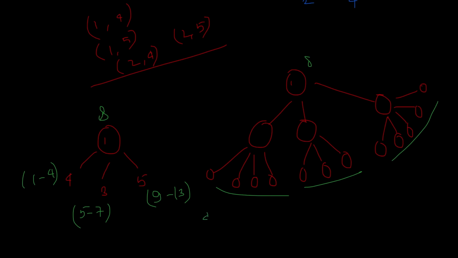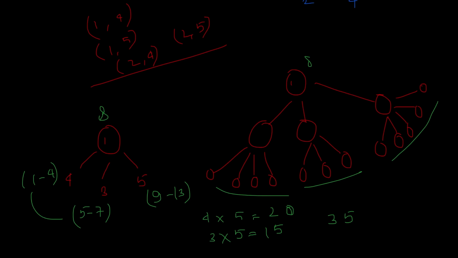Again 4 into 5, 20. Then 3 into 5, that is 15. Do we get any more? No, because I can't club these two, since 8 is larger than even 5 to 7. So we get 35. So now this is a better option.